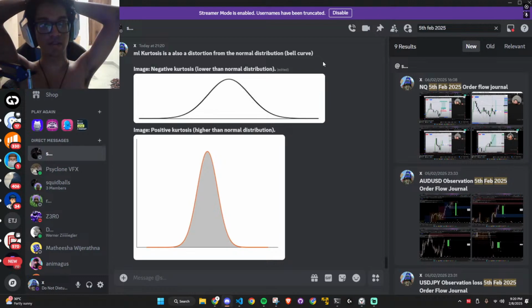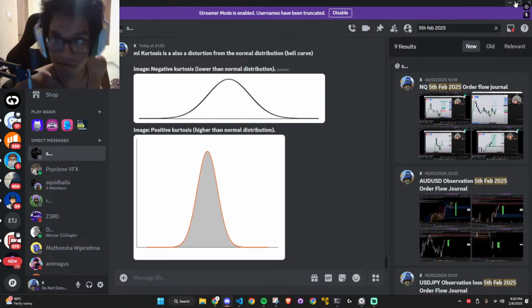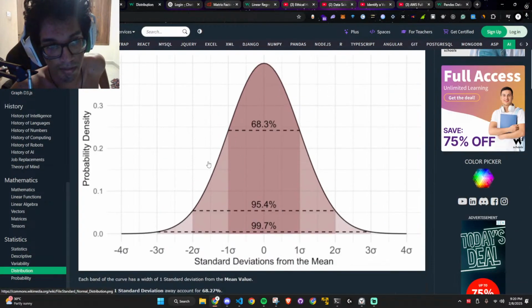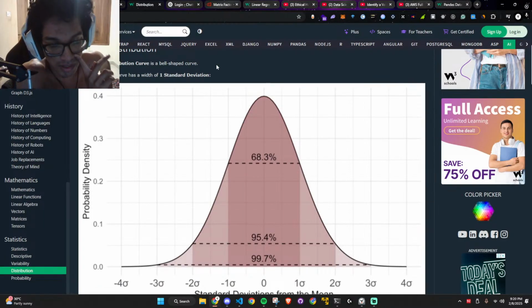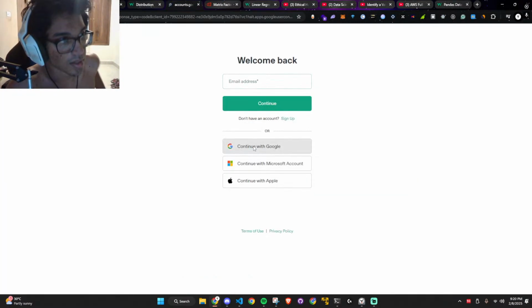Anyway, negatives are when you look at the left side, and positives the right side. It means how far away the values are compared to the mean. So essentially, that's what this person said. I need confirmation on that.